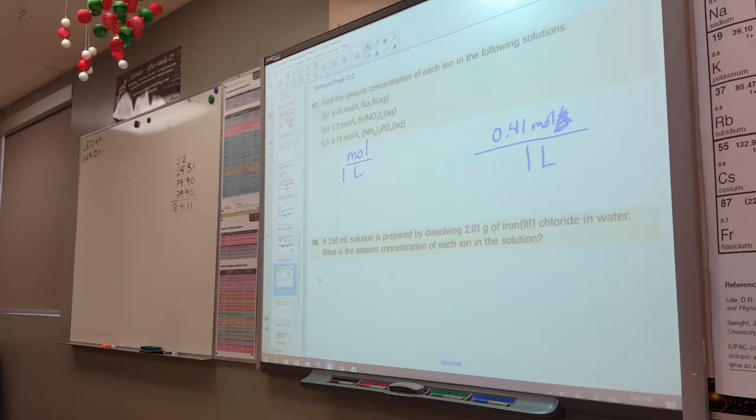If you didn't immediately know what to do, if it was saying find the concentration of each ion, well, the only way you get ions out of this is if it splits up, right? So I would do dissociation. And then from there, each one. You don't have to do all of the work that we've been doing, you can use your intuition. But if you're having a tough day, if your intuition isn't working, then you can put in the work. That's totally fine. Sure. Put in the work.